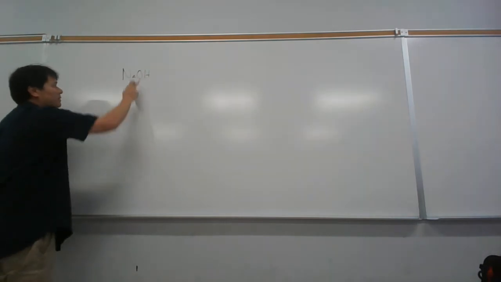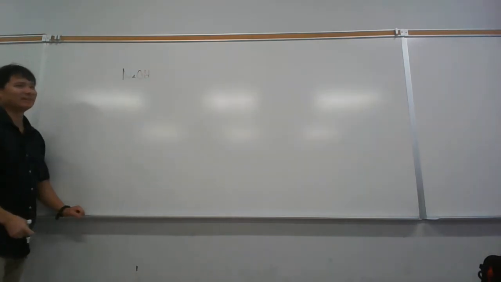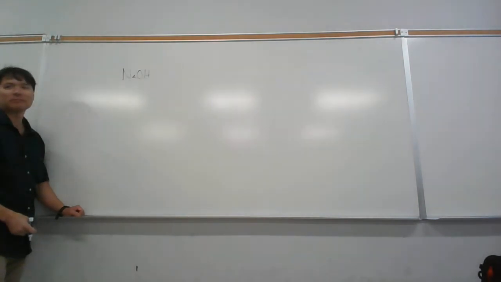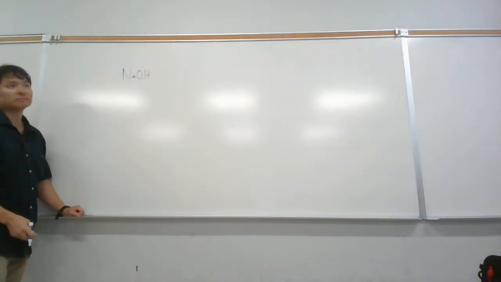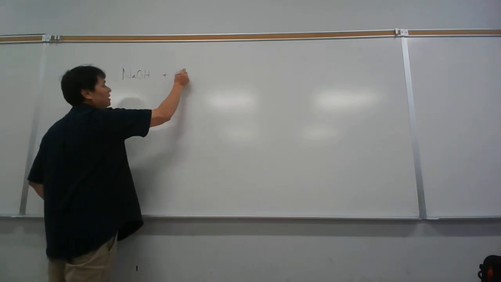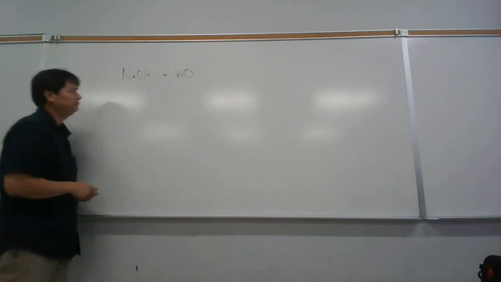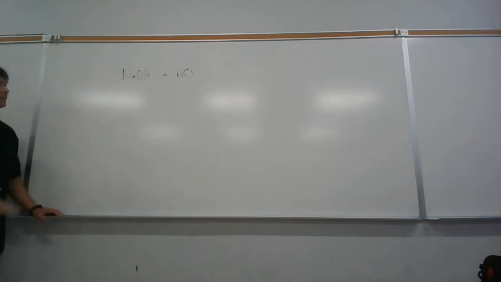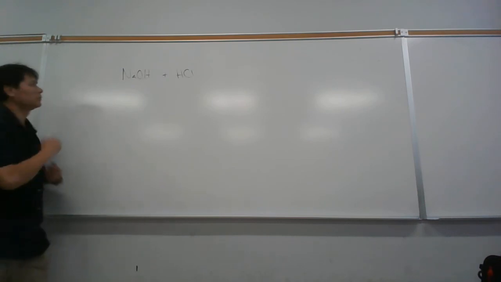You know what the most common acid is in the lab? Hydrochloric acid is the most common acid. Both of these are strong. Strong acid and strong base. Both of these are aqueous.